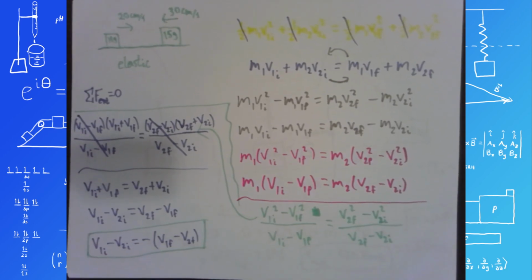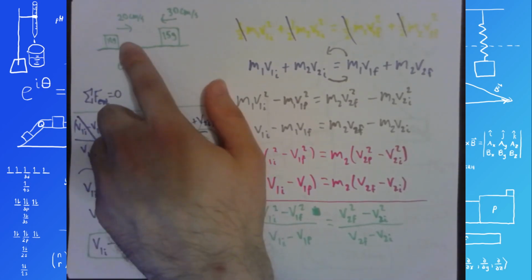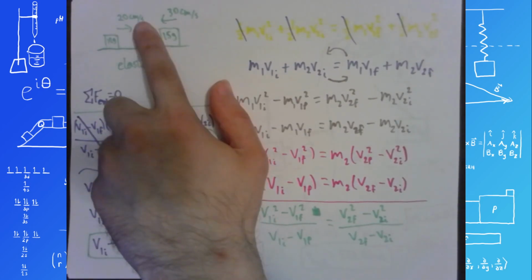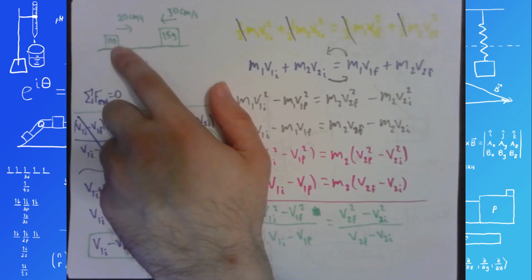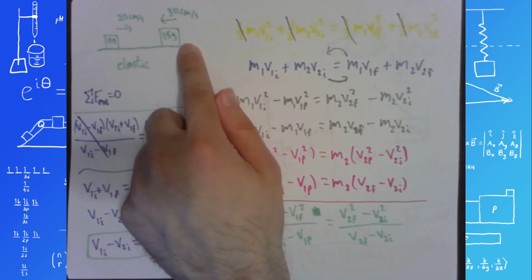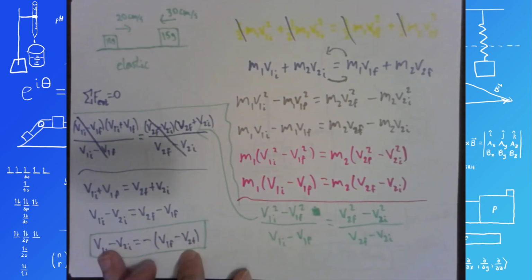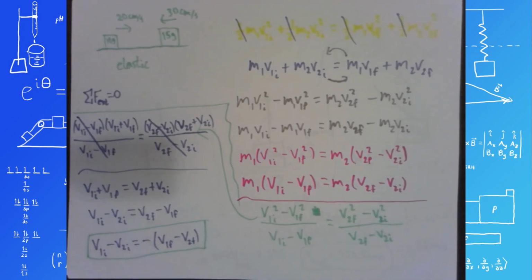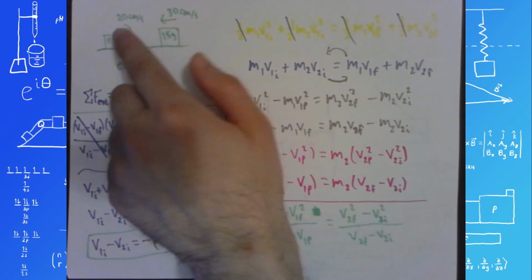V1 initial minus V2 initial is the difference in velocity between these things, the velocity of object 1 relative to object 2. And V1 final minus V2 final would be the velocity of object 1 relative to object 2 after collision. So let's actually go ahead and calculate this.